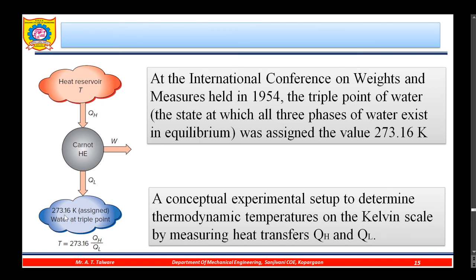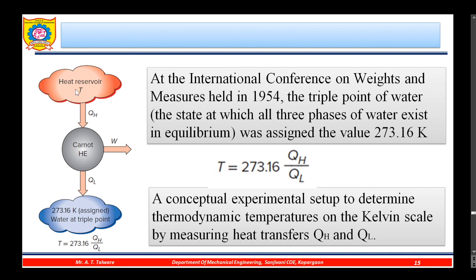So we know this temperature at the triple point, and from the relation we can find QH by QL as a function of TH and TL, where TH is nothing but T here, and TL is here 273.16, which is known to us. So what is unknown here?